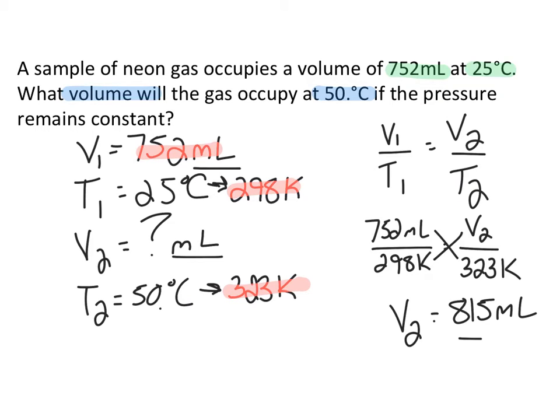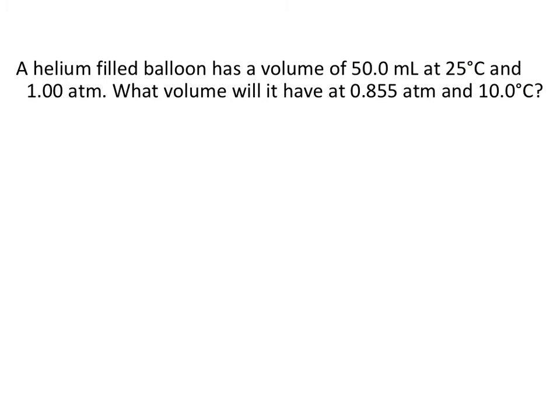So let's try one more problem. So this one's a little different, but it's the same process. So let's define our variables first. So a helium-filled balloon has a volume of 50 milliliters at 25 degrees Celsius and 1 atmosphere. What volume, so I'm looking for a volume, will it have at 0.855 atmospheres and 10 degrees Celsius?